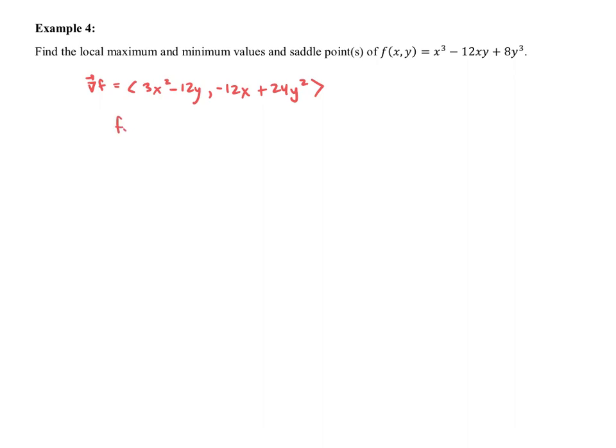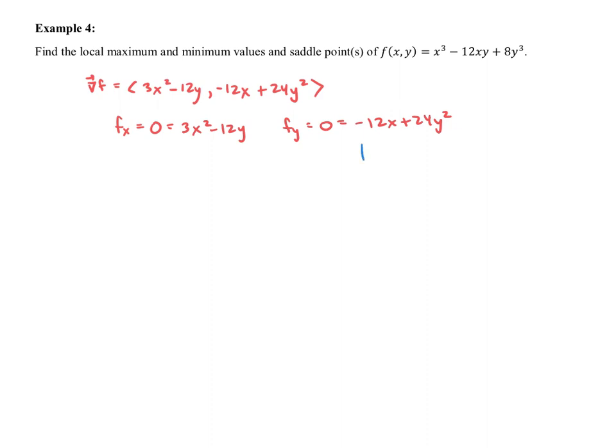We are going to go ahead and calculate the values of x and y for which the gradient is equal to 0, 0. So we have our first one and our second one. All right, and then it's just a game of trying to figure out how to solve this.